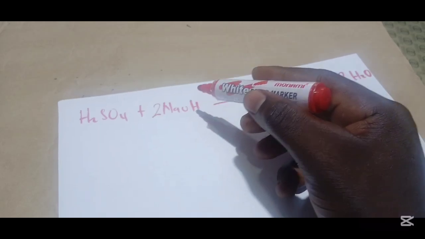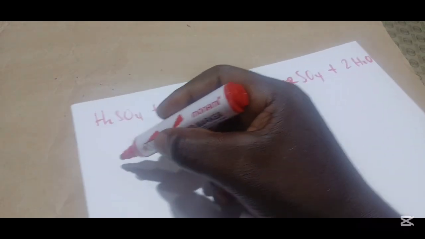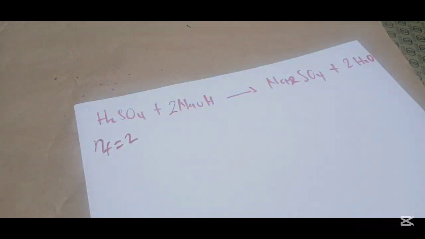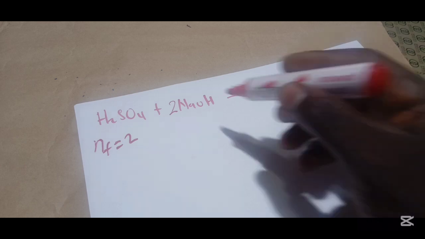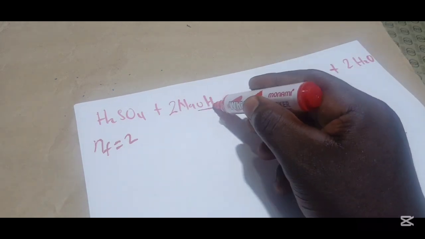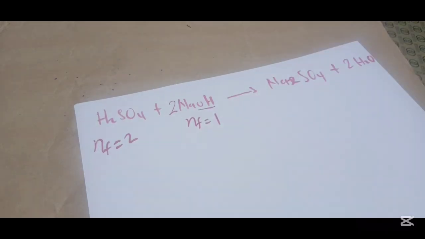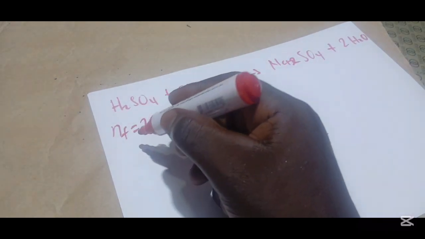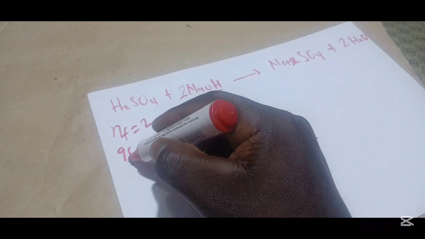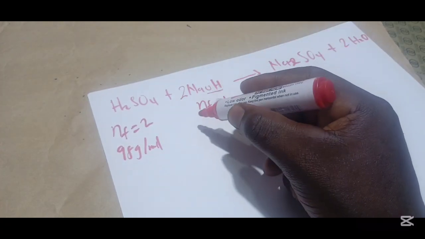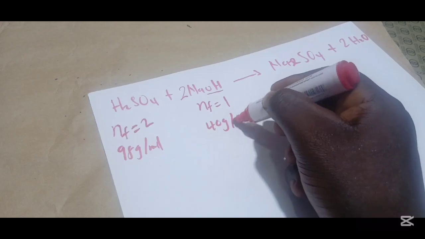Looking at the acid here, you could see that the n factor equals 2. And for the base, the OH ion, you see that the n factor equals 1. The molar mass of H2SO4 is 98 grams per mole, and that of NaOH is 40 grams per mole.